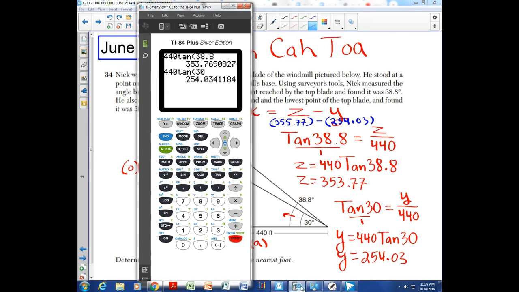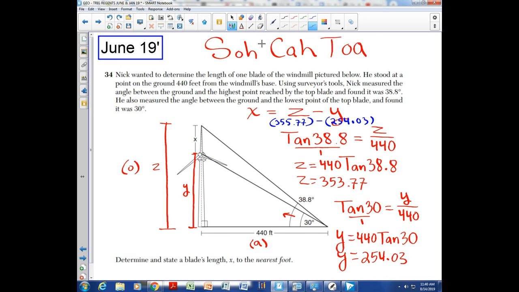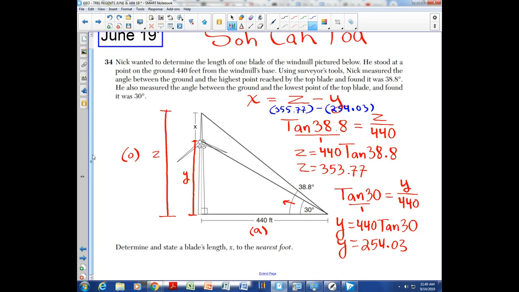So we can go back to our calculators now, and we can say 353.77 minus 254.03, enter. We get 99.74. However, they did want the answer to be to the nearest foot, so that will round off to 100 feet. So x is equal to 100 feet. And there you have it.